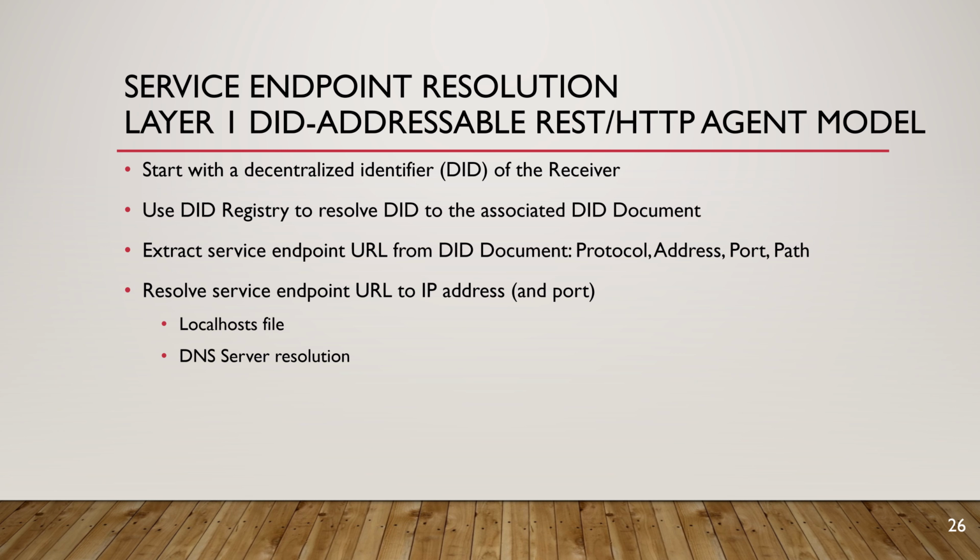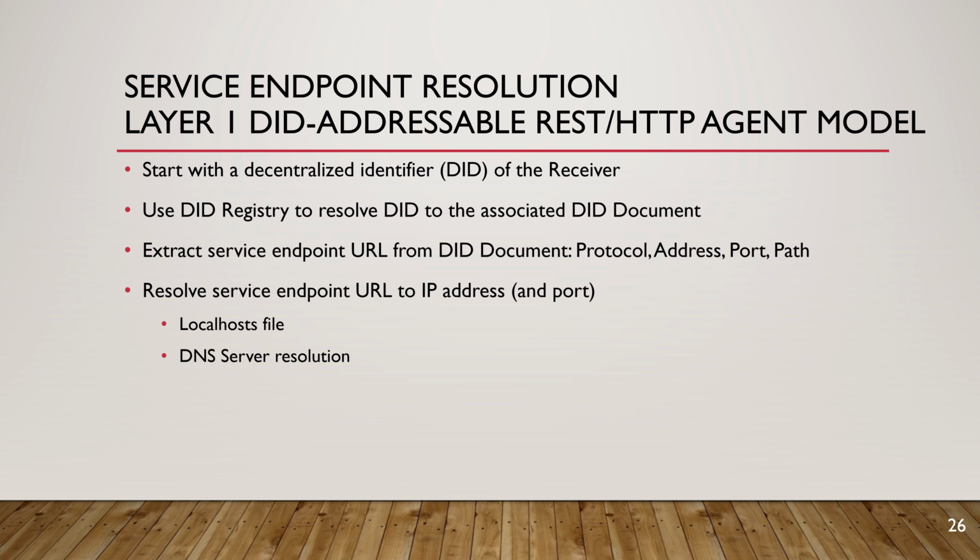We're going to see examples of that. From the DID document, we'll extract the service endpoint URL, the protocol, the address, the port, the path. If some of those aren't there, defaults will be assumed. Then we need to take that service endpoint URL and resolve it to an IP address, just like layer 0.